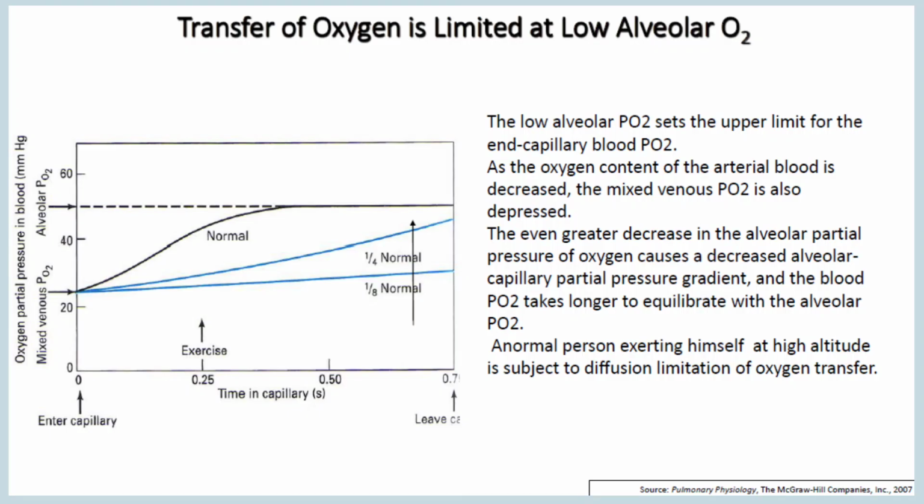The even greater decrease in alveolar partial pressure of oxygen causes a decreased alveolo-capillary partial pressure gradient, and the blood PO2 takes longer to equilibrate with the alveolar PO2. So in these persons at low alveolar oxygen concentration, the gradient will be maintained for a longer time. The equilibrium will be reached at a later time.